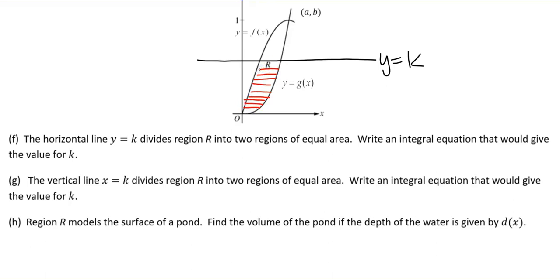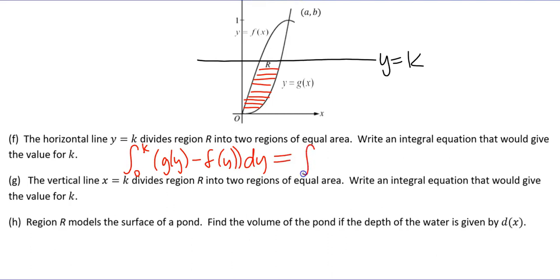okay? So for area, that bottom piece that I just filled in, that'll be the area from y equals 0 to y equals k of right minus left dy, and I want that to equal, you've got to have an equal there, no arrows, the area above that.